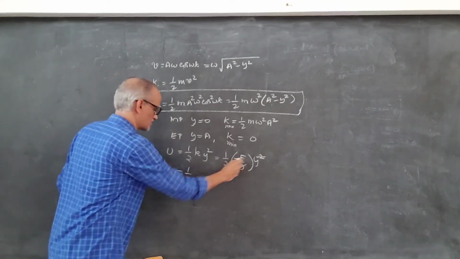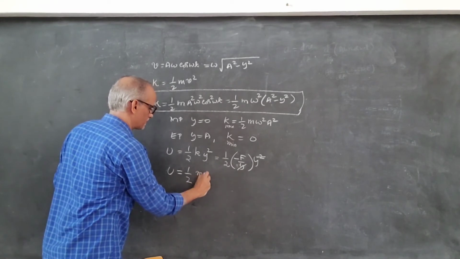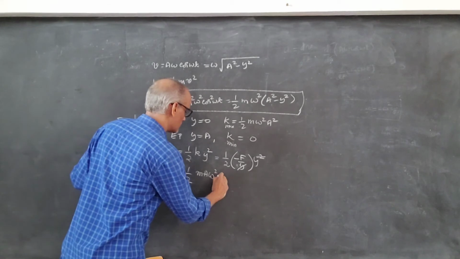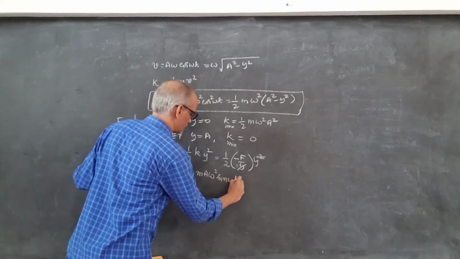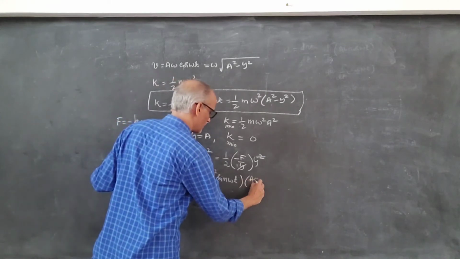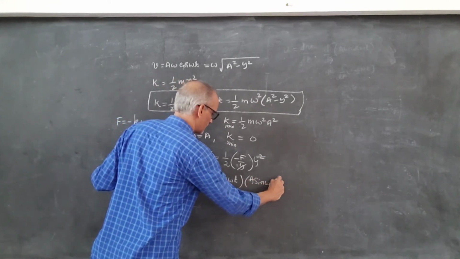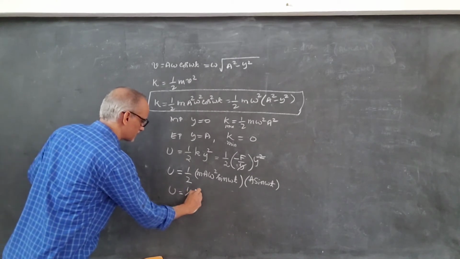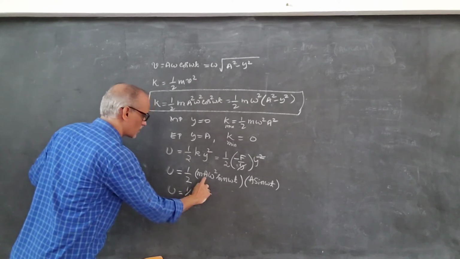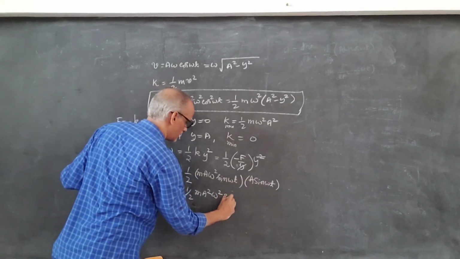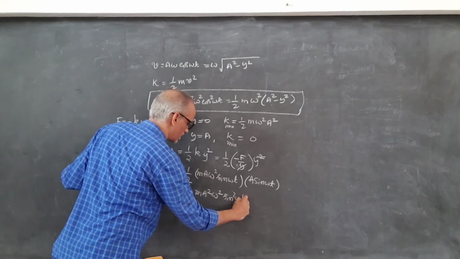Now we can replace the expression for force, which is m a omega square sin omega t. The expression for displacement y is equal to a sin omega t. So therefore, the equation for energy is half m a square, here it is a into a square, omega square, and then sin square omega t.